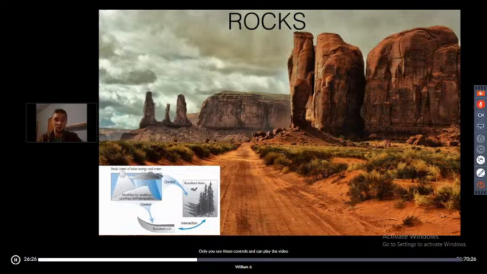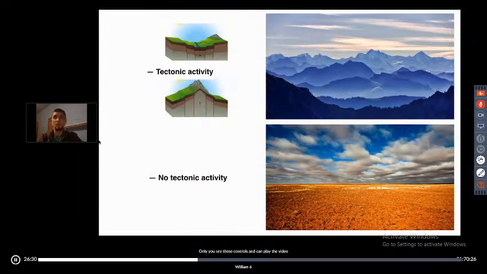I'm a geologist, so I could say that I'm biased in my love for geology, but I would say that you have to understand that the landscape that you have today is a result primarily of the tectonic forces that shaped that landscape.